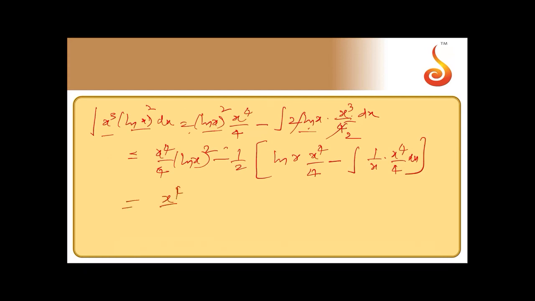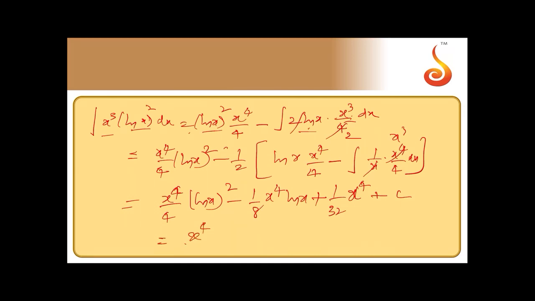That is equal to x power 4 by 4 (log x) whole square minus 1 by 8 x to the power of 4 log x, plus 1 by, and x power 3 you'll be getting here. Again one more 4 will come. So 16 and 32. 1 by 32 times x to the power of 4 plus constant.